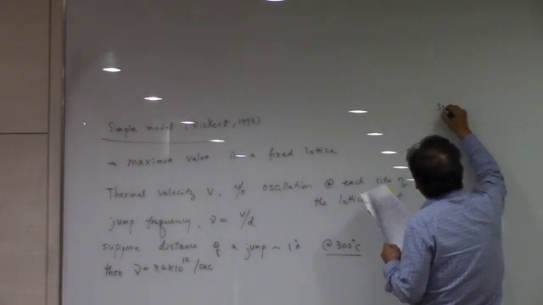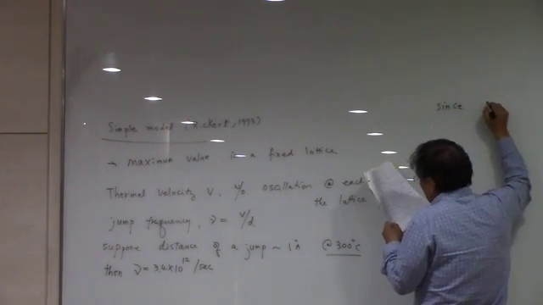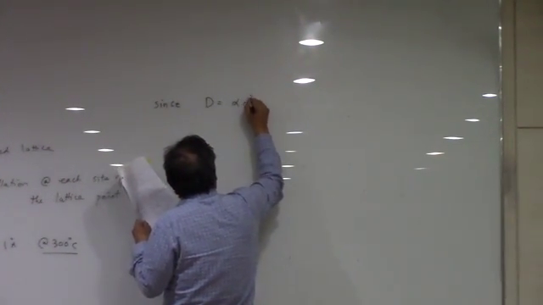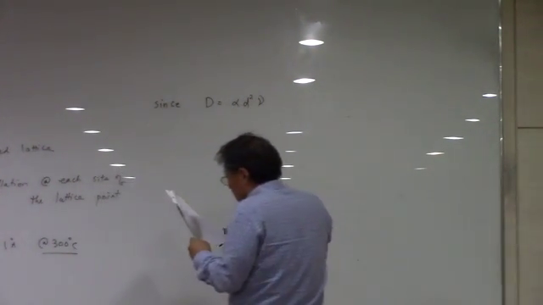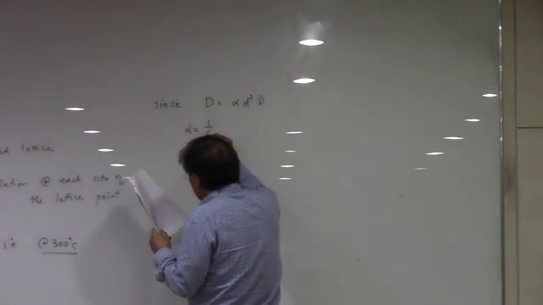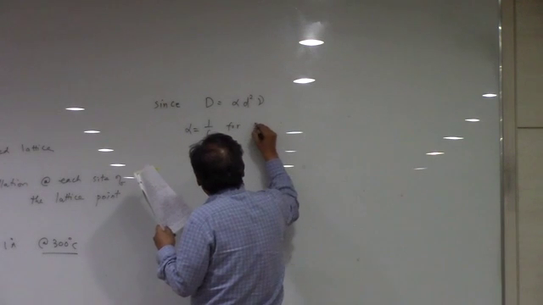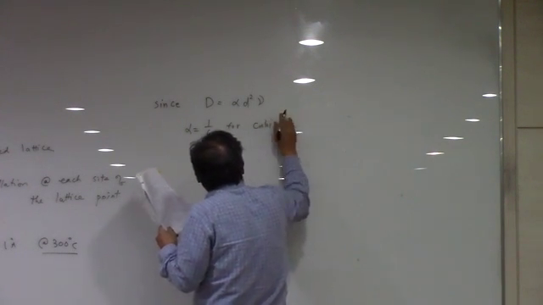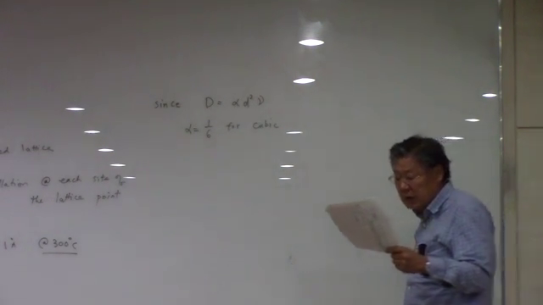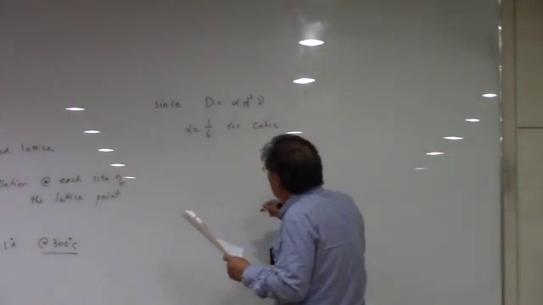And we know the diffusion coefficient is alpha d square times nu, and alpha is equal to 1/6 for cubic. The geometric factor alpha is 1/6 for the cubic.